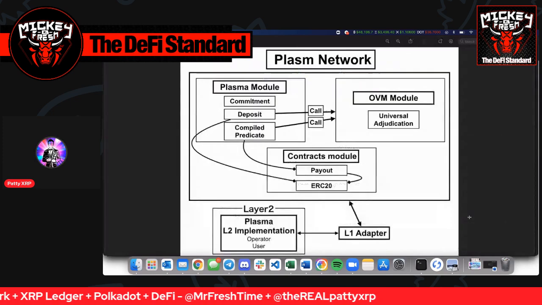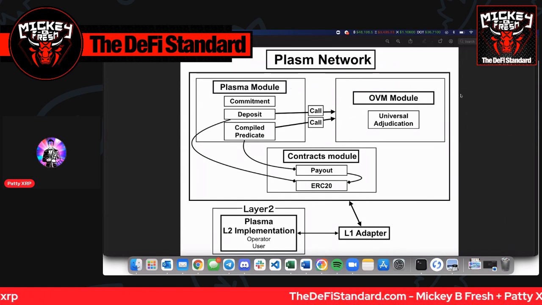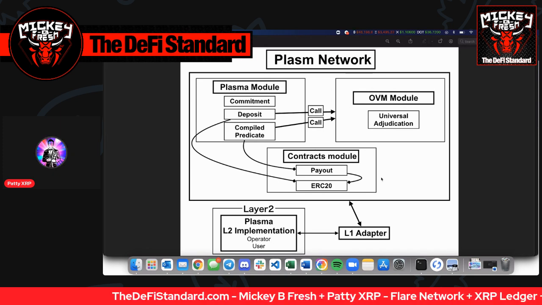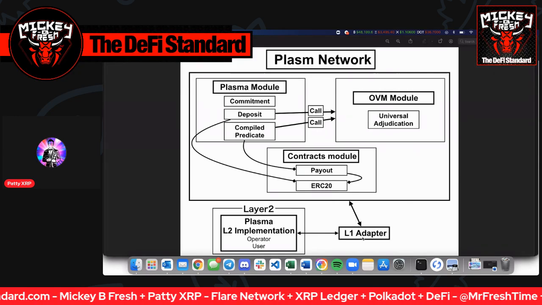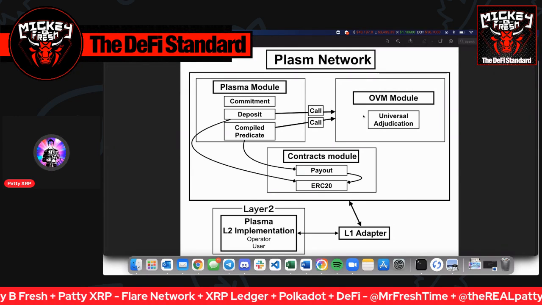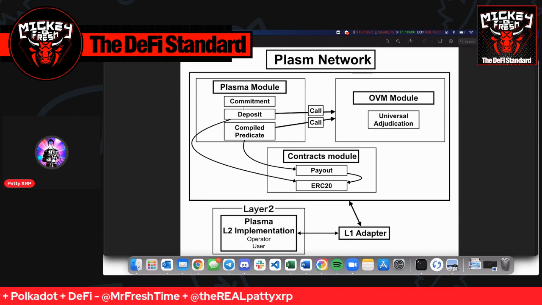And then if we look at the optimistic virtual machine architecture, they'll have their Plasma module here, and it will call on the OVM module. And then they'll also have their contracts module. These are all going to work in conjunction with each other and be able to communicate out to the L1 adapter. I liken this to, I want to say they're called microservices in programming and development, where you don't have everything connected together.